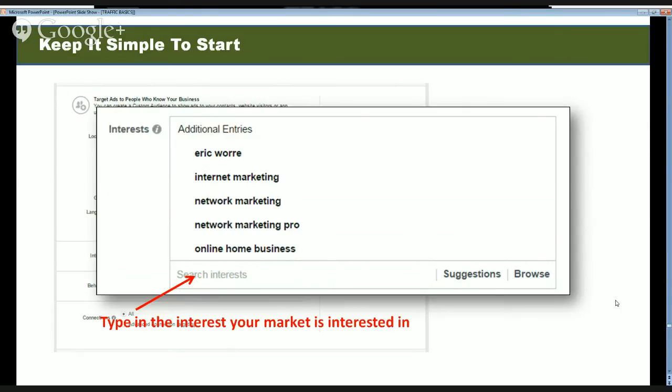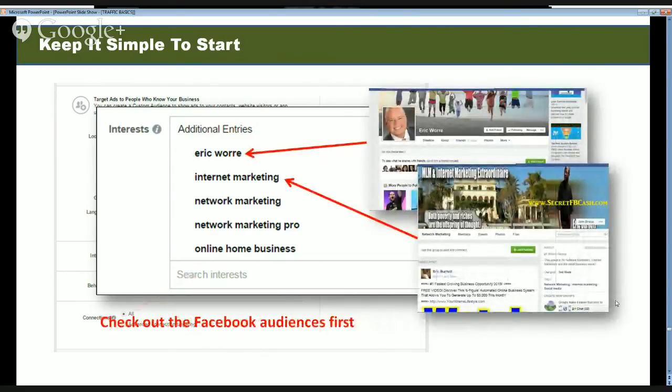Now, where did those come from? Okay, the secret is once you've done your avatar, then go in and look on Facebook and see what's there. So here's the web page for Eric Worre. It turns out that there's about 80,000 people that follow that page. Okay, there's also the web page for internet marketing. About 80,000 people follow that as well, or like it is the word in Facebook.